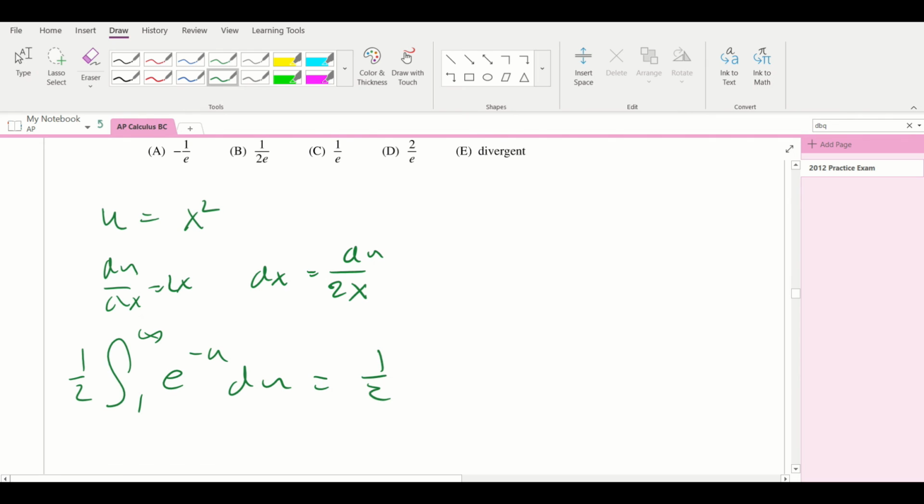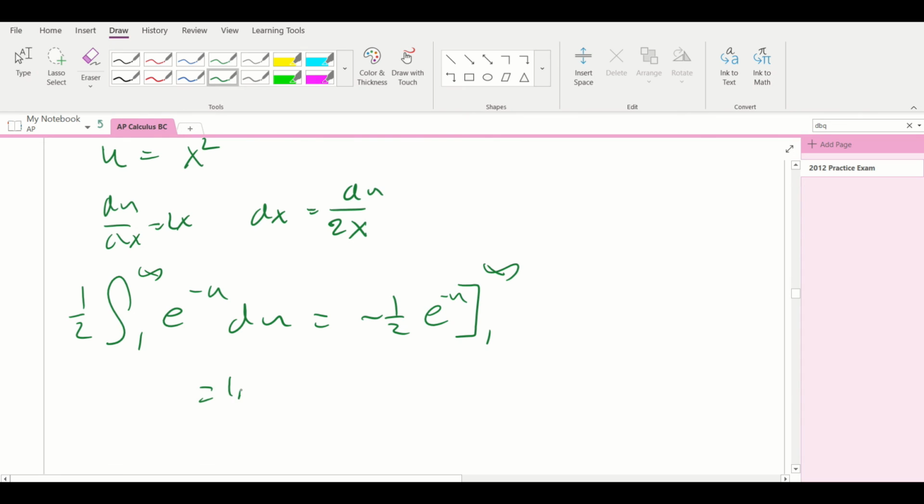Well, this is equal to negative 1/2 of e to the power of negative u from 1 to infinity.